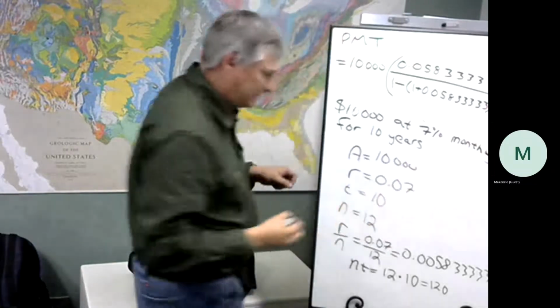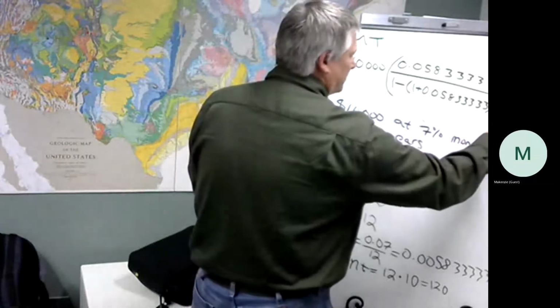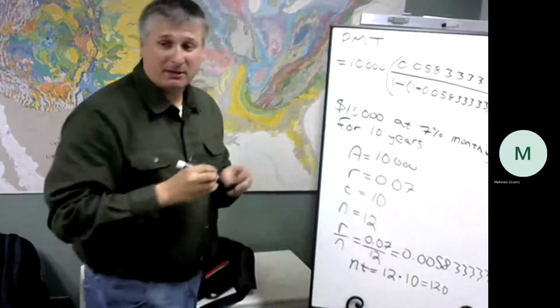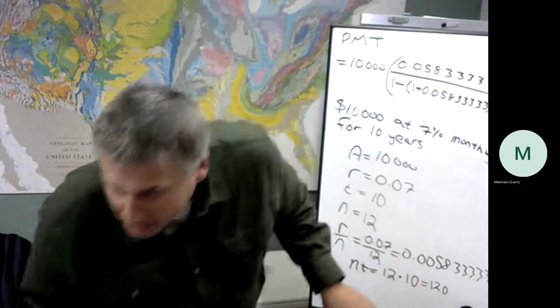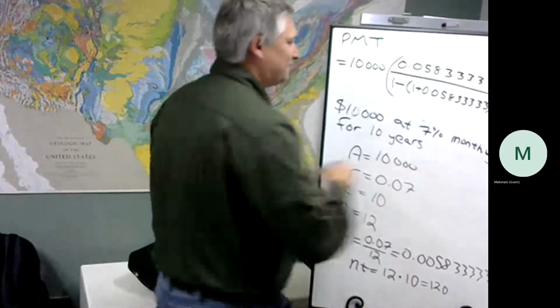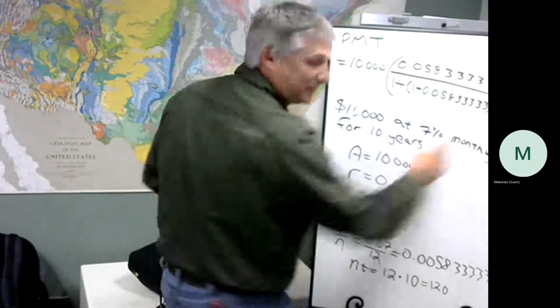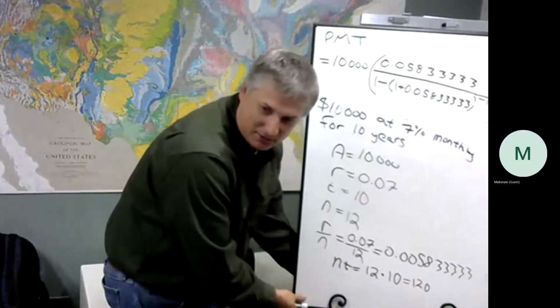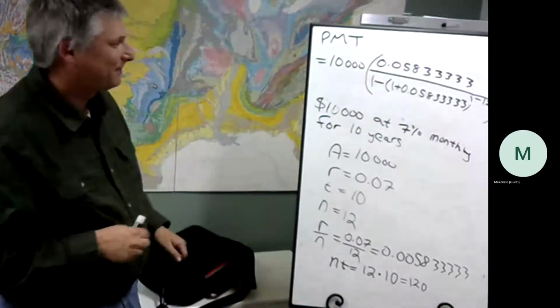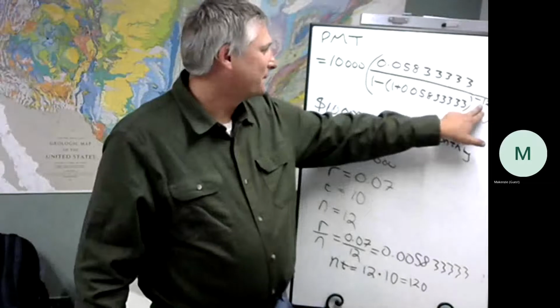And then NT is minus, well, NT was 120. This might be kind of hard to see, but we have minus 120 here. Let's see if I can scoot that over a bit. So you have minus 120.